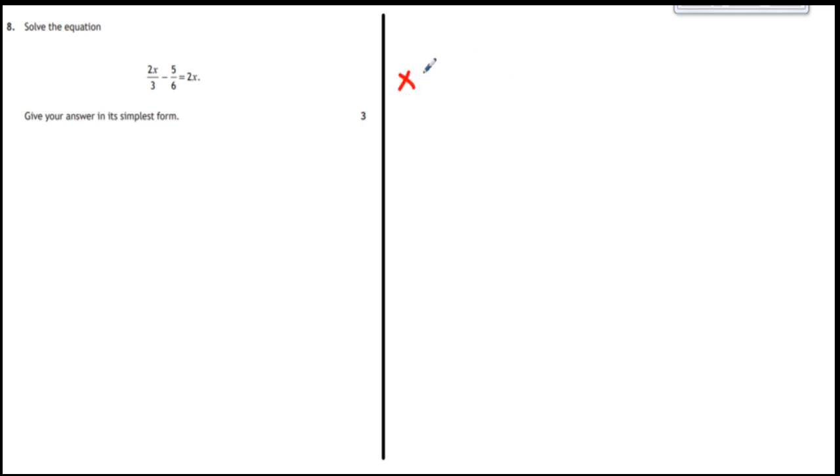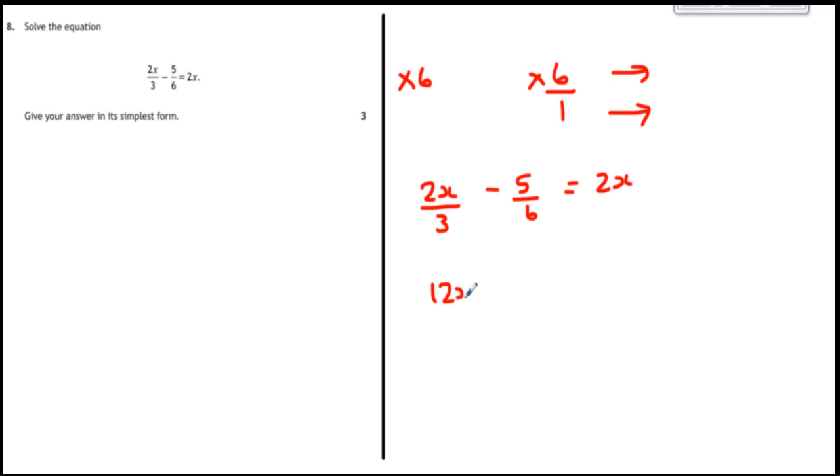Multiplying by 6 is really the same as multiplying by 6 over 1. To multiply fractions, we multiply straight across, the two numbers at the top and the two numbers at the bottom. So for 2x over 3 minus 5 over 6 equal to 2x, I multiply each term by 6 over 1. 6 twos are 12x over 3, minus 6 fives are 30 over 6, and all of that is equal to 6 twos are 12x.